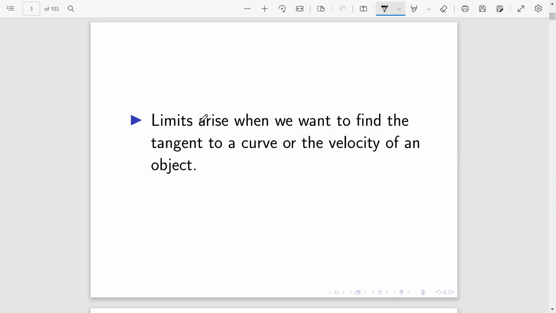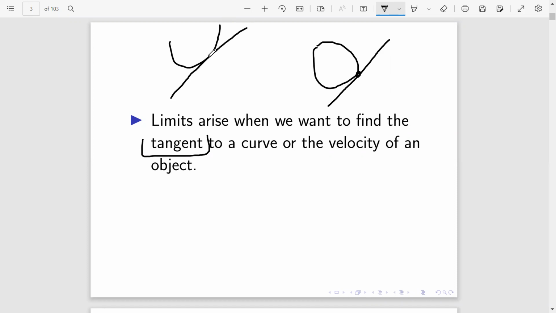So now, like I said, limits arise when you want to find the equation of a tangent. Remember that a tangent we said is a straight line that touches the graph once. Even if you have a circle, some straight line that touches the graph only once, or if you have a parabola and you have some straight line that touches it once, that is what you call a tangent.